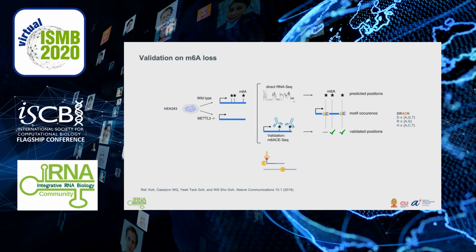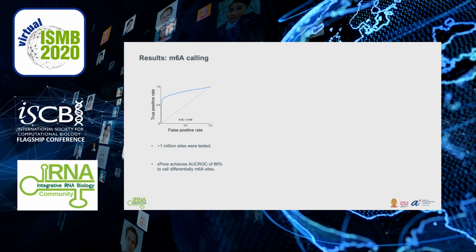We also used the presence of the known M6A motifs, DRACH, in the evaluation as an approximation of the upper bound of the accuracy. Among 1 million tested sites, Explore achieves the area under the ROC curve of 86% to call M6A positions.